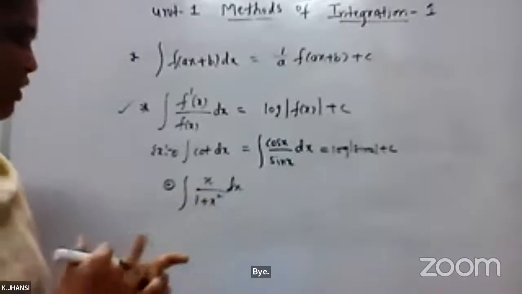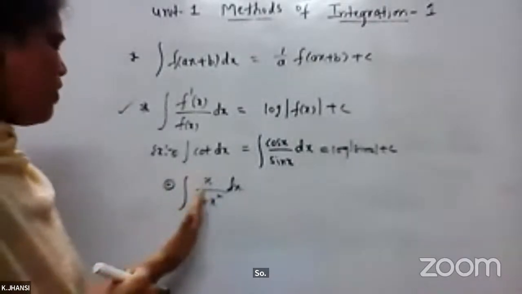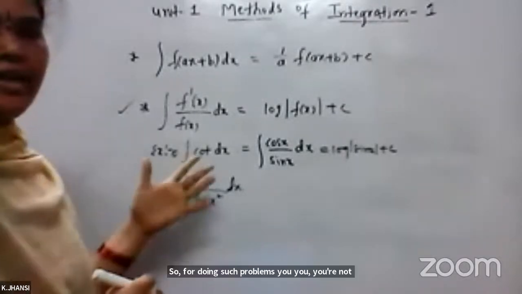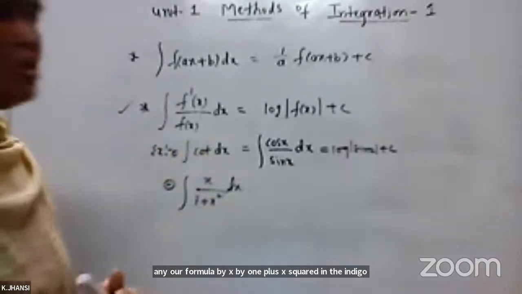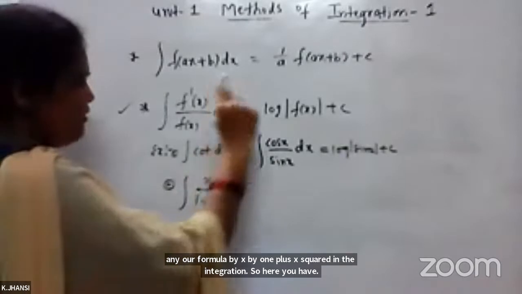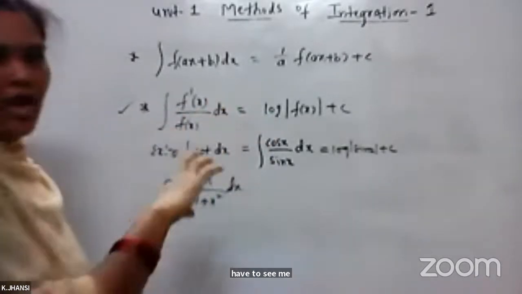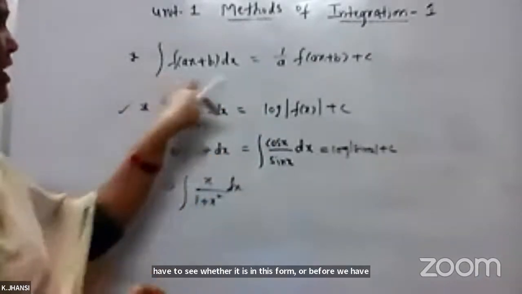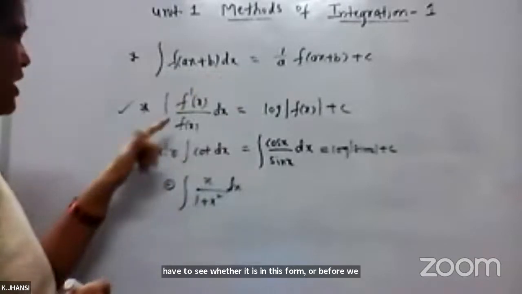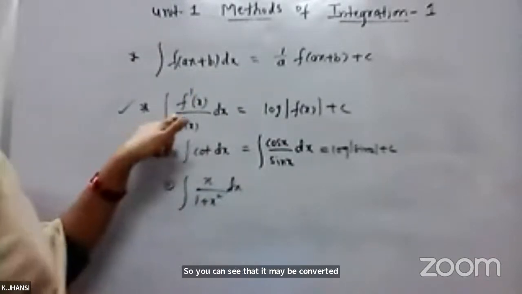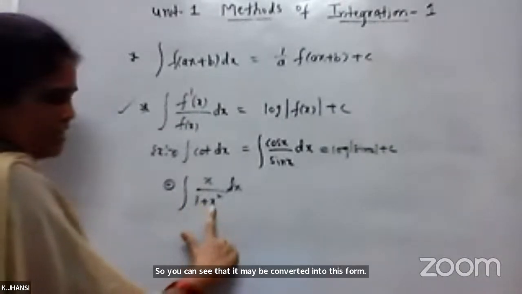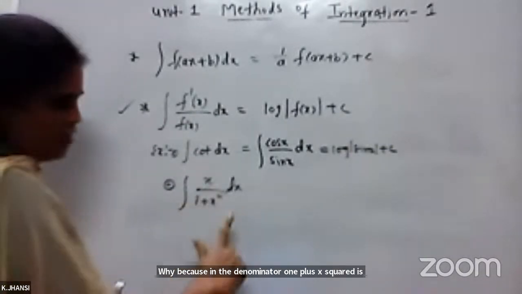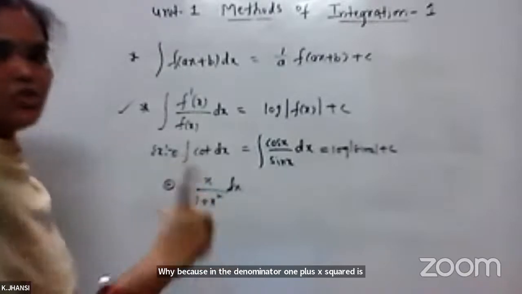For doing such problems, you don't have any formula for x by 1 plus x square in the integration. So here you have to see whether it is in this form. You can see that it may be converted into this form. Why? Because in the denominator 1 plus x square is there, and 1 differentiation is 0 and x square differentiation is 2x.